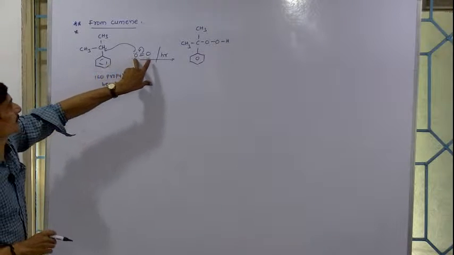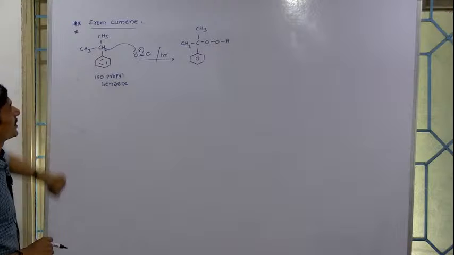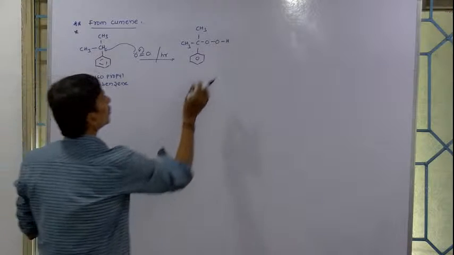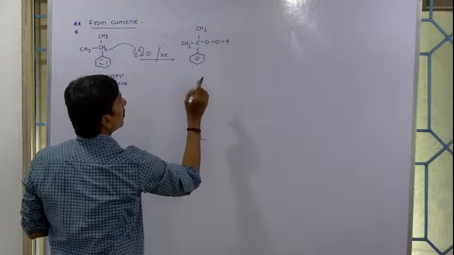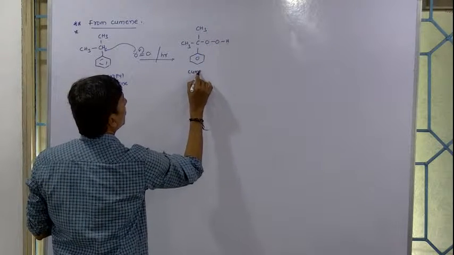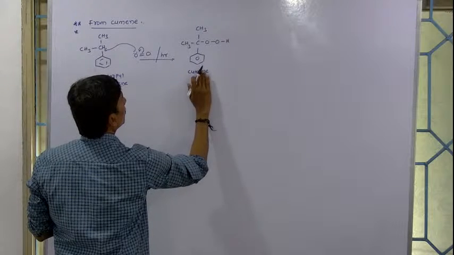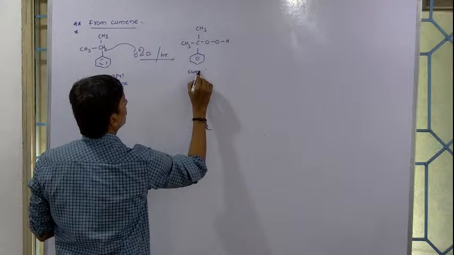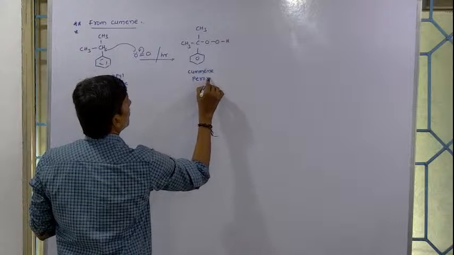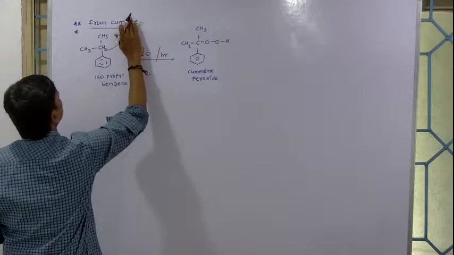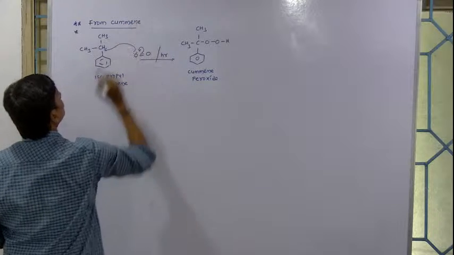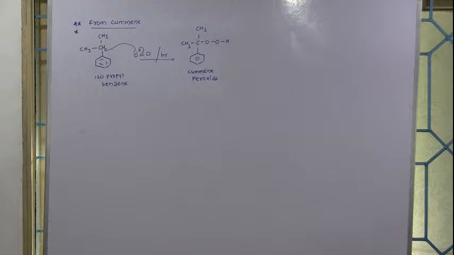These two oxygen atoms are inserted between the 3-degree carbon atom and the hydrogen atom. Then oxygen atoms having a single bond are known as what? Peroxide. So it can form the cumene peroxide, right?